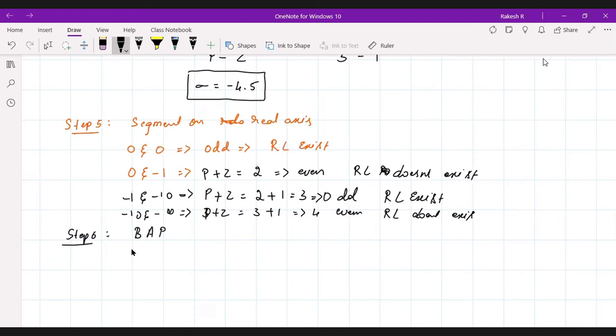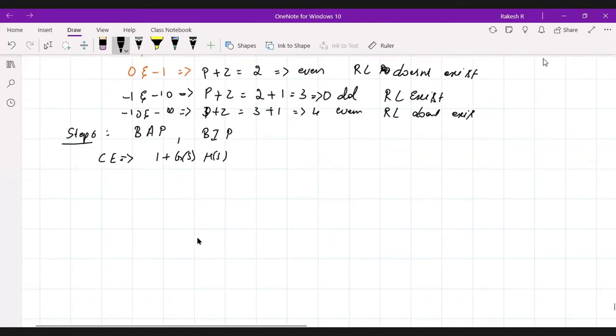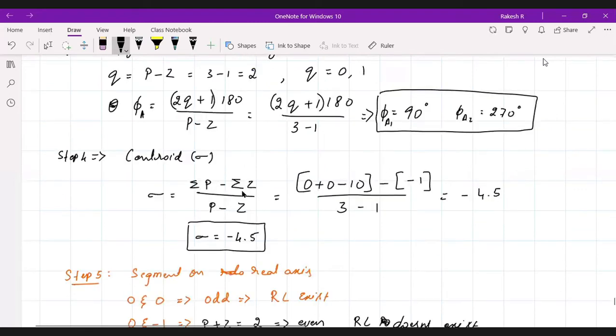Now step 6 is to find the breakaway point and break-in point. To determine them, what do we need to consider? We need to consider the characteristic equation, which is given by 1 plus G(s)H(s). What is G(s)H(s) we have?